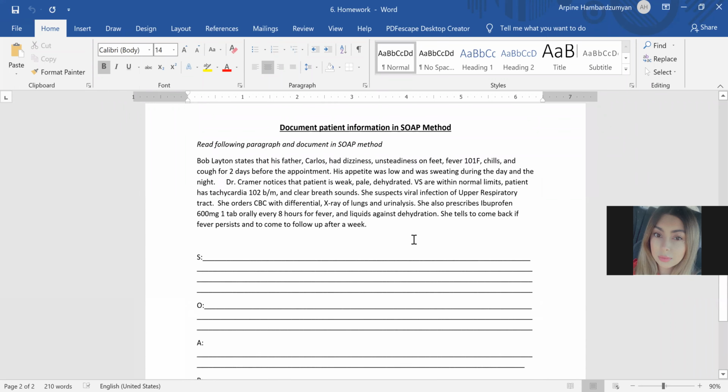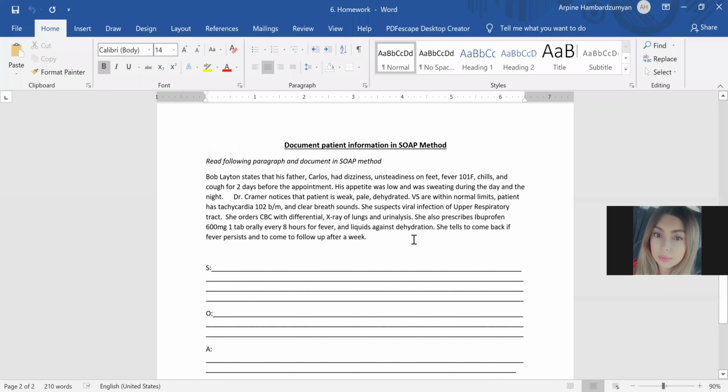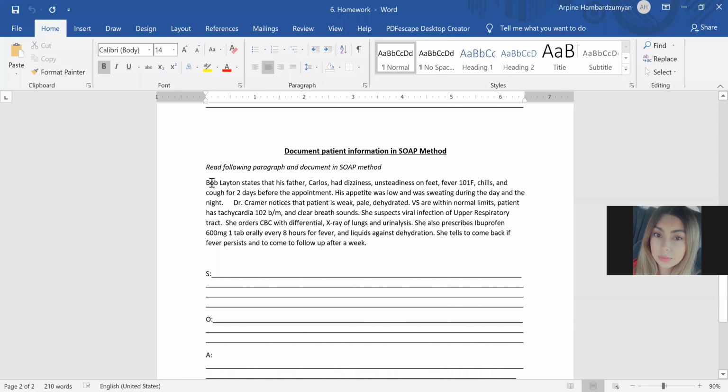Yes. On the last page, you need to document the patient information in the SOAP method. Imagine that you are a medical assistant in the office and a patient came to your office, and you need to document everything in SOAP method. Your office is using this method.